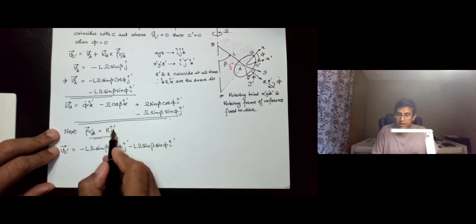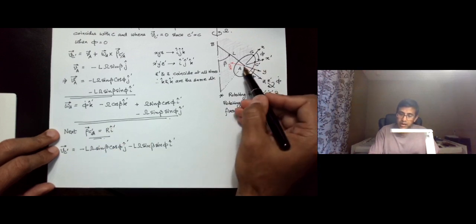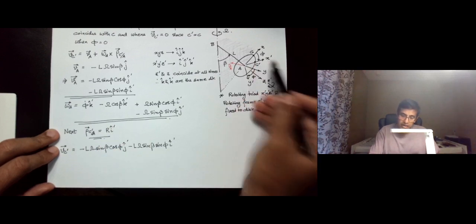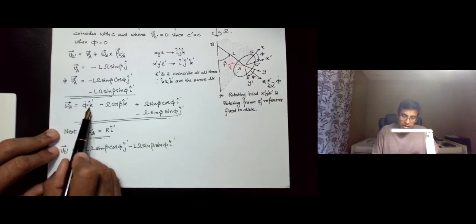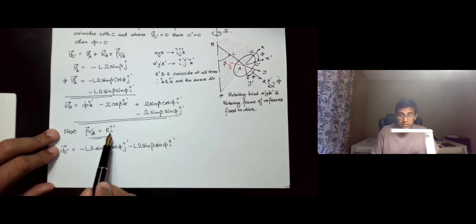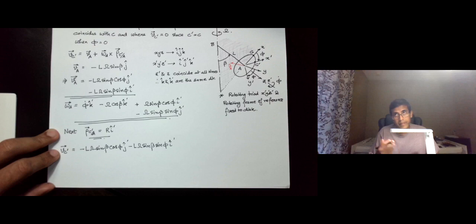I am sorry, this is in the i prime direction, because c prime with respect to A is R in the i prime direction. So k prime cross R i prime is equal to j prime.